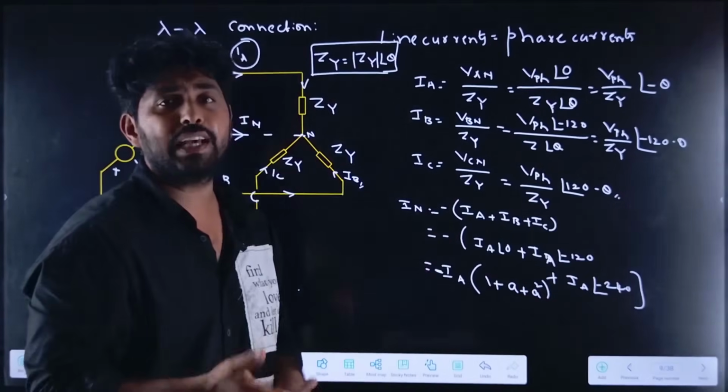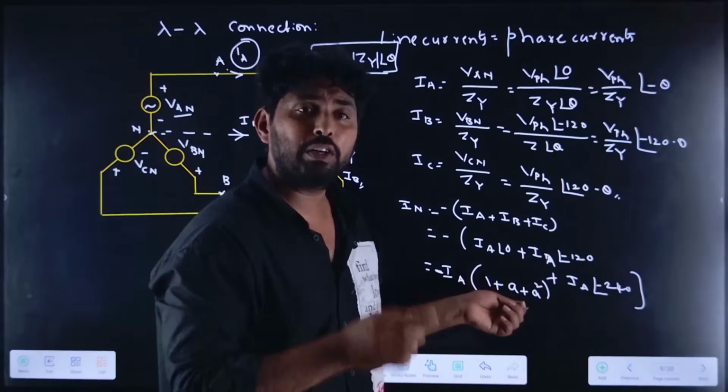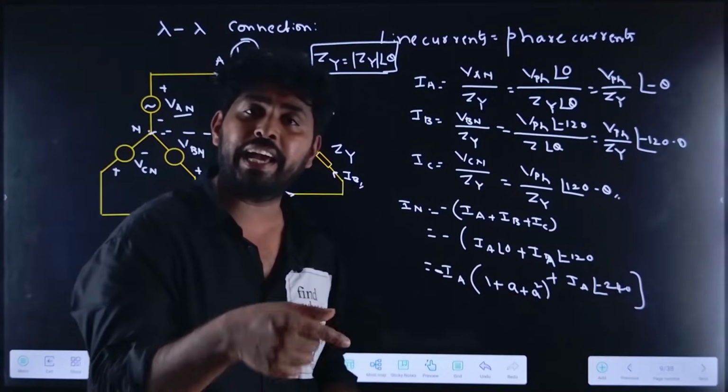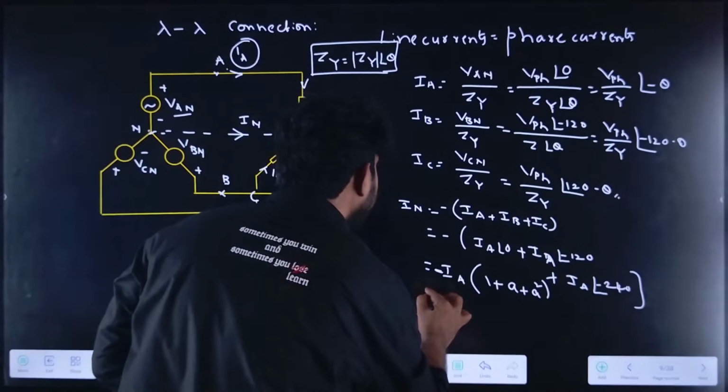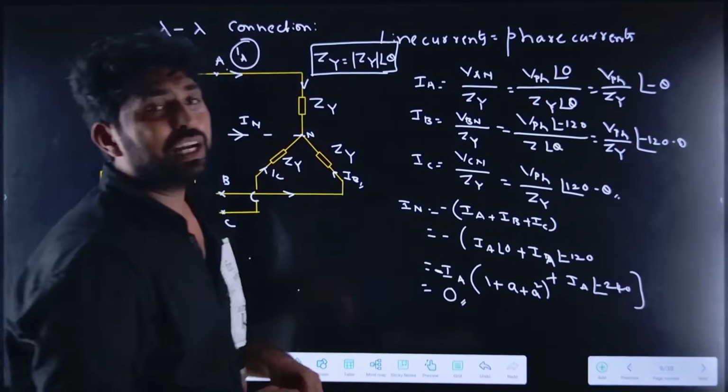What is the value of 1 plus A plus A square? A is 1 at an angle 120, and A square is 1 at an angle minus 120. If I add these, it will be 0. So the neutral current is 0.